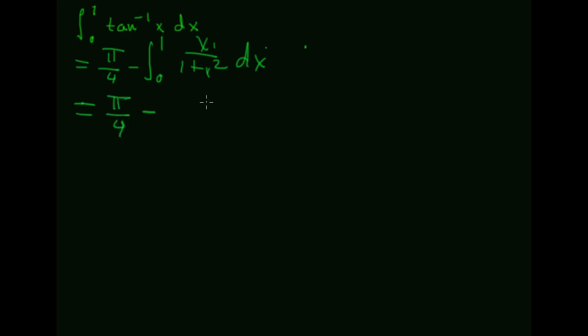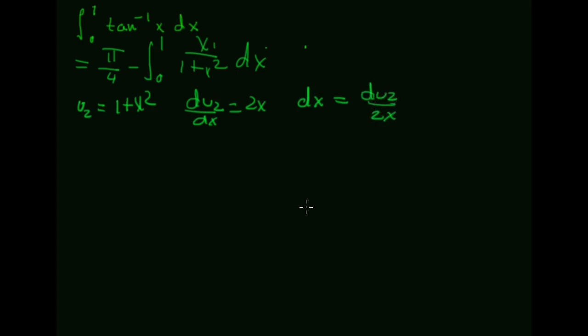We have a minus. Let's see what we have to do here, because this is now a u substitution situation. Since we already have a u in play, we'll call this u2. We'll let u2 equal 1 plus x squared. du2/dx is going to be 2x, which means that dx is equal to du2 over 2x.